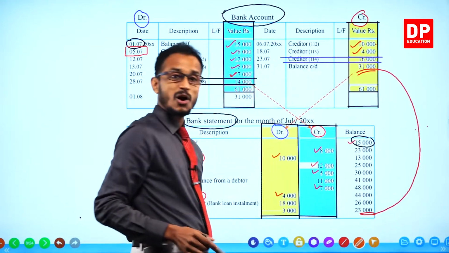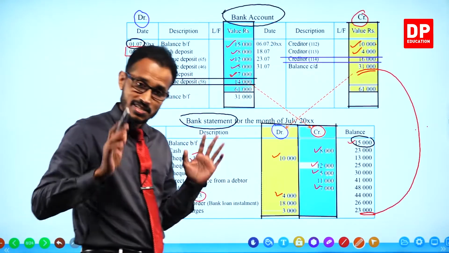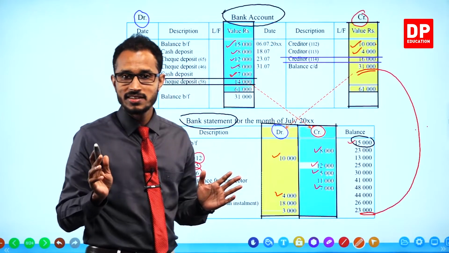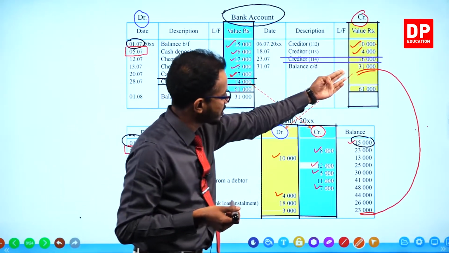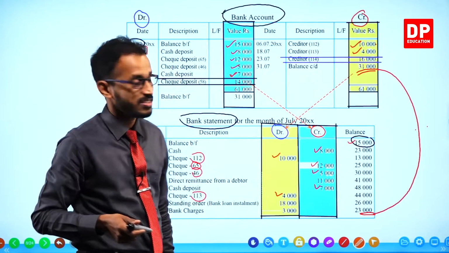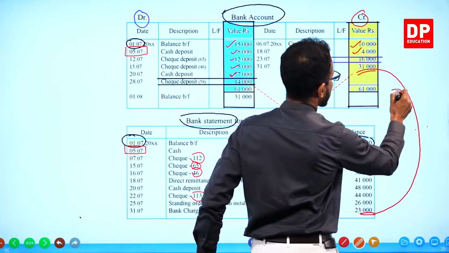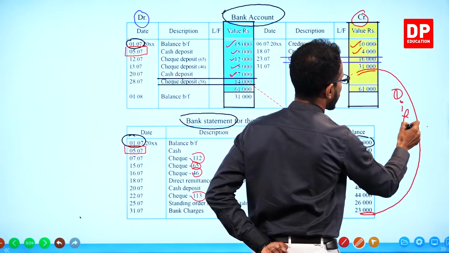These two are the troublemakers. This situation is caused because these 2 final balances are different.